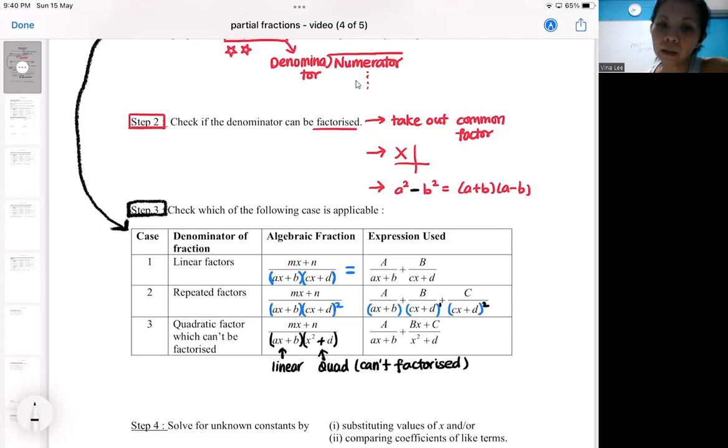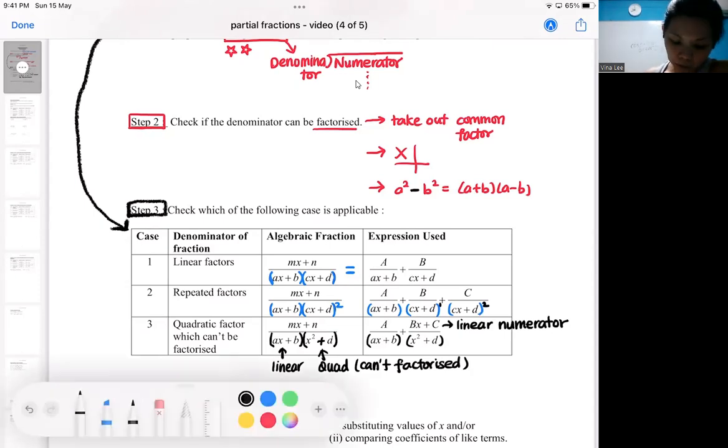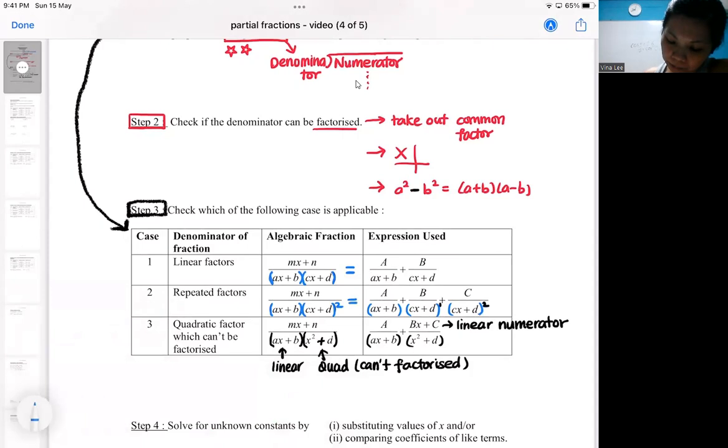If it had been a minus, then maybe there's a chance that you still can factorize. So if you can't factorize, you have to introduce a linear numerator. That will be your 3 cases. Later on, I will be showing you each of the cases.